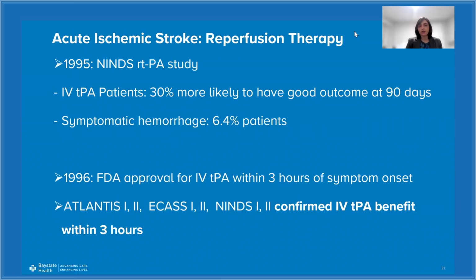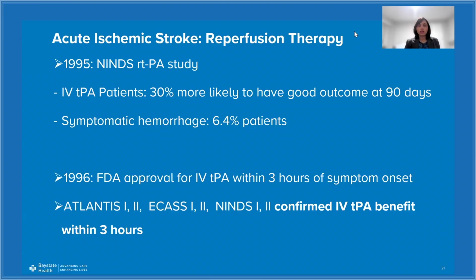In 1995, almost 40 years later, IV tPA was studied, and this trial showed that IV tPA did benefit ischemic stroke patients, and that 30% were more likely to have a good outcome compared to those who did not receive treatment. This was approved by the FDA in 1996.